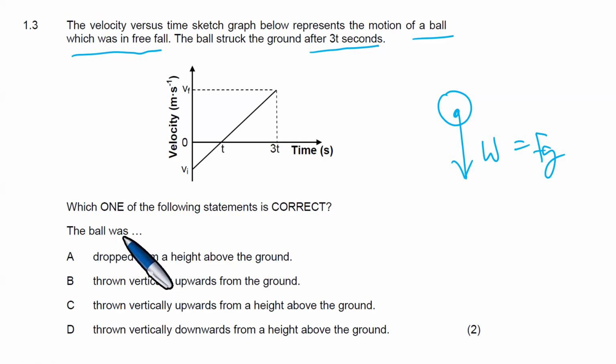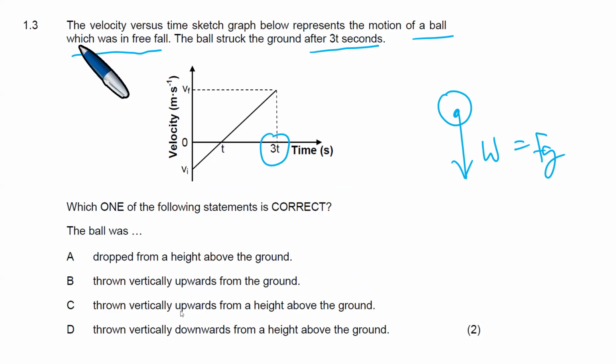Let us check this one out. The ball was dropped from a height above the ground. Because now, if the ball struck the ground after 3t seconds, let us analyze this graph together.